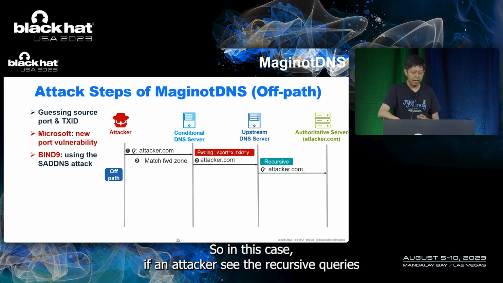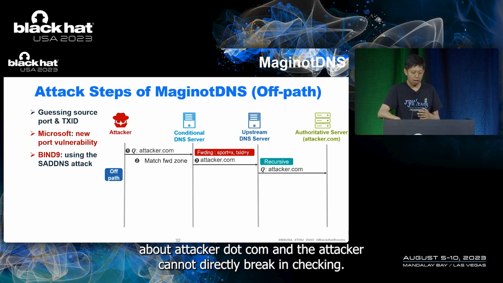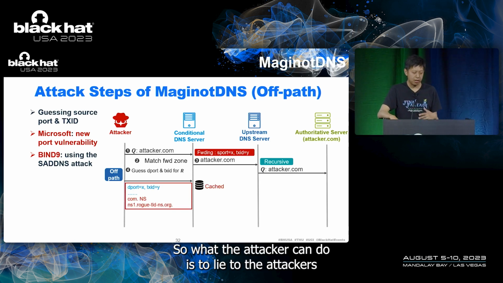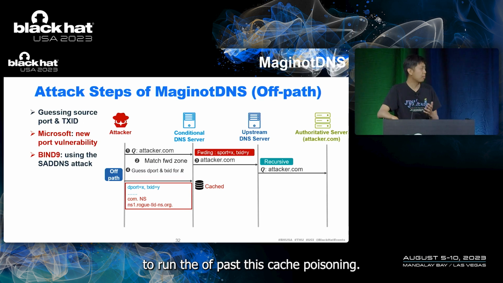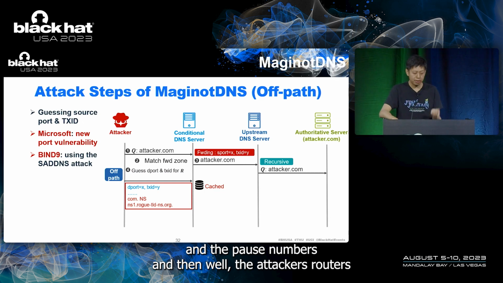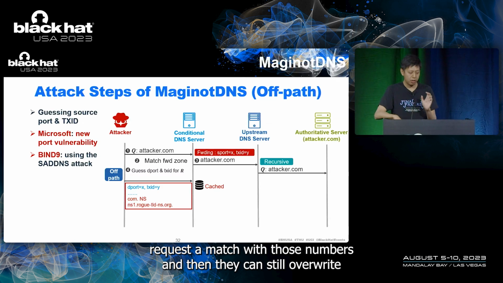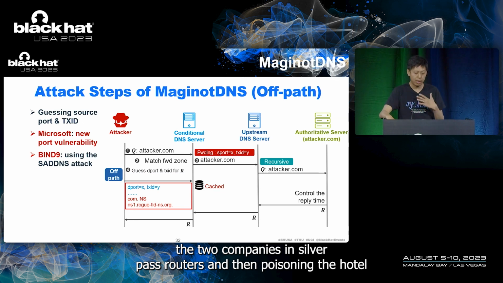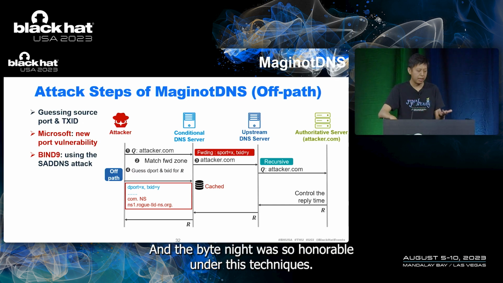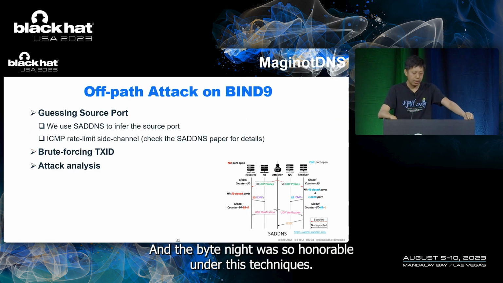So in this case, if the attacker sees recursive queries about attacker.com, and the attacker cannot directly break bailiwick checking, what the attacker can do is run off-path DNS cache poisoning, keep trying different TXIDs and port numbers, and when the attacker's forged response matches those numbers, they can still overwrite the .com name server records and poison the whole zone. And we found Microsoft DNS and BIND were vulnerable under these techniques.